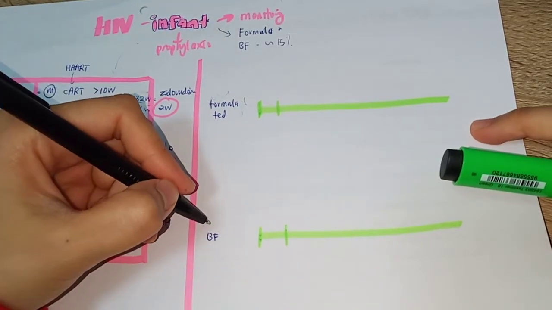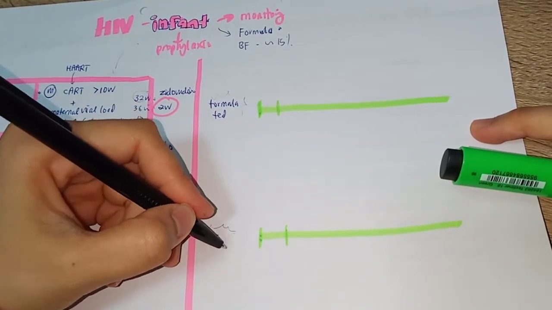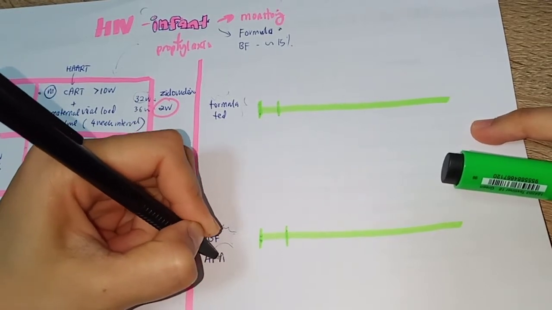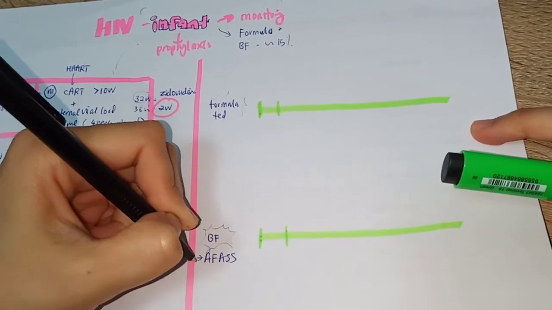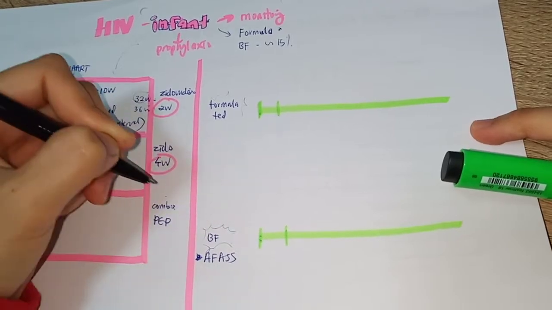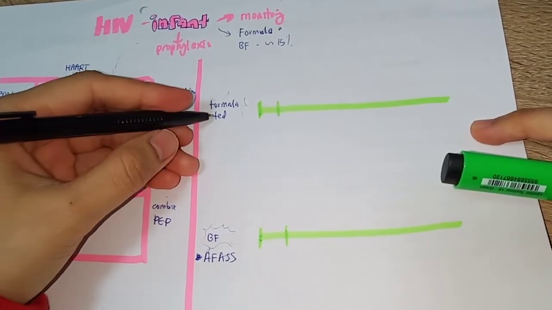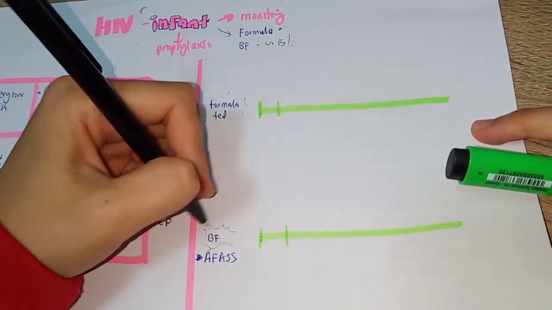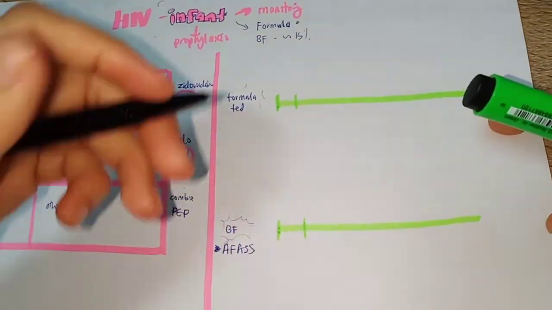But in a country where they cannot afford to do AFASS, which is the acceptable, feasible, affordable, sustainable and safe criteria for formula feeding, if they cannot meet AFASS, then they have to fully breastfeed the child.